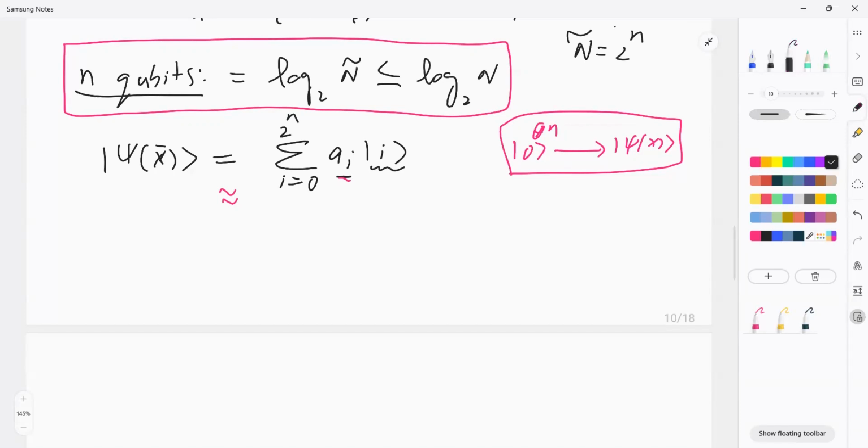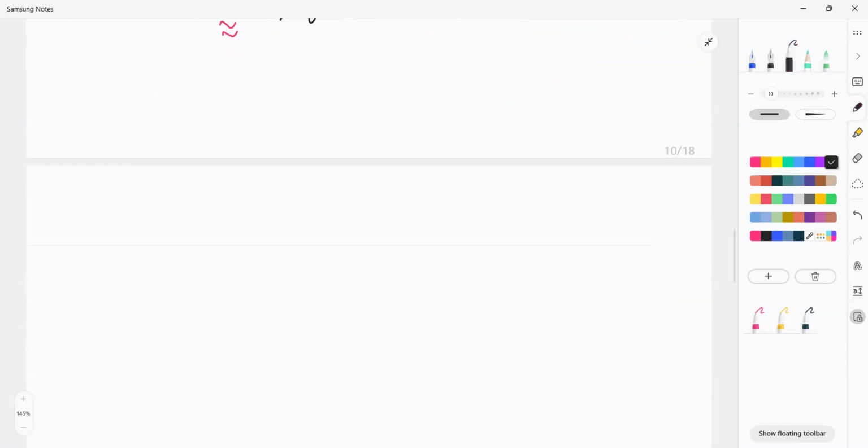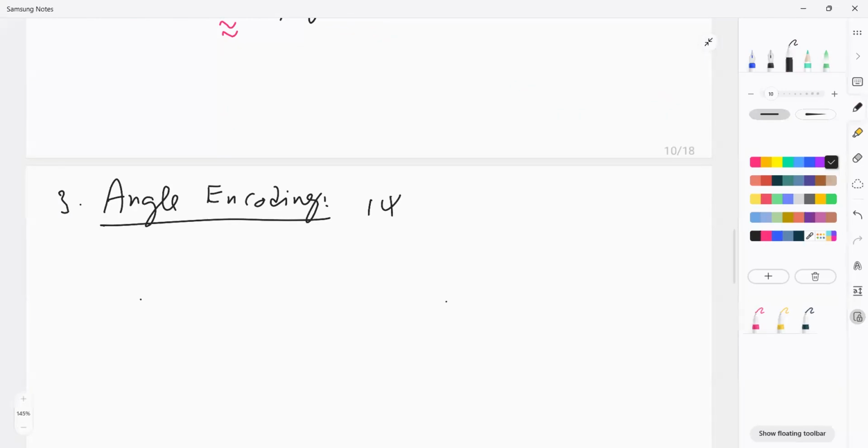All right, so let's talk about the next technique. We call it angle encoding. So for a single qubit, we know that its state can be represented in a standard form like this.